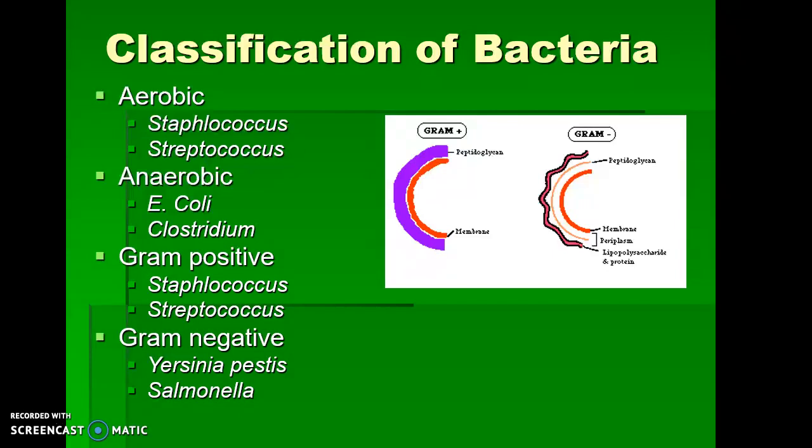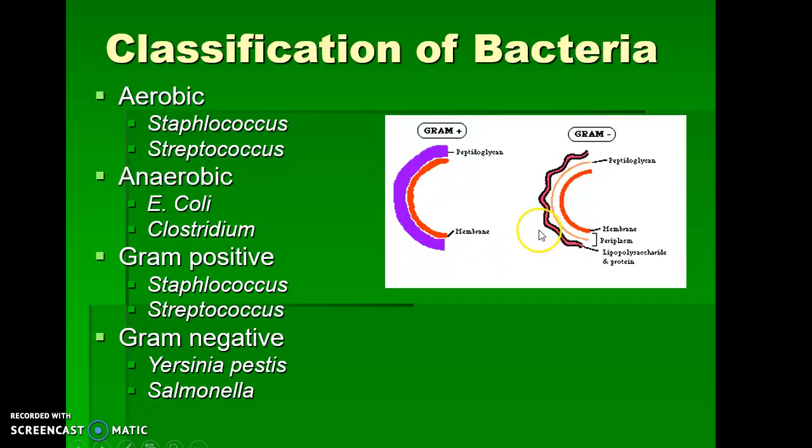And if the outside peptidoglycan cell wall, so this is the cell wall, if it takes up the stain, then we refer to it as Gram positive. And its ability to take up that stain has to do with the materials that are in this cell wall and that may affect whether an antibiotic can get in there or not.